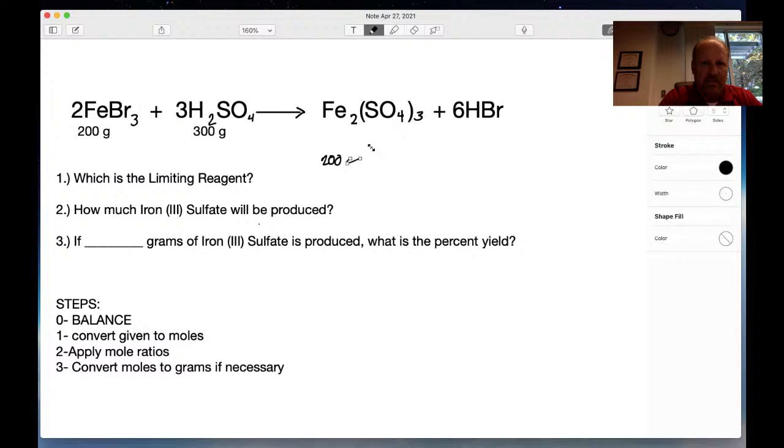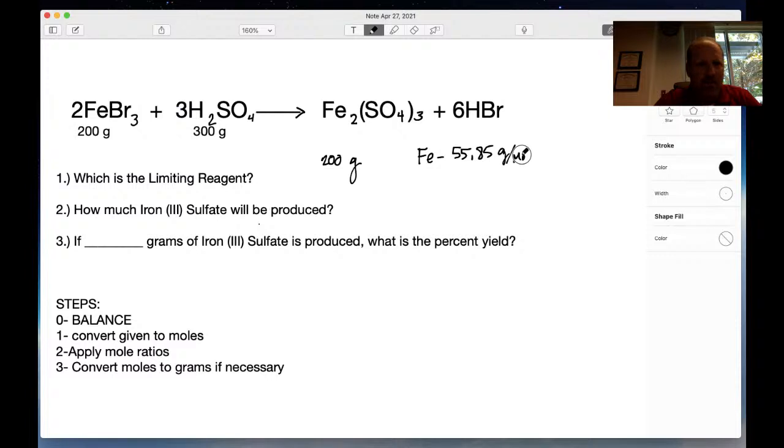All right, I don't know why it's not letting me do that, but whatever. 200 grams of FeBr3. So Fe has a molar mass of 55.85 grams per mole.